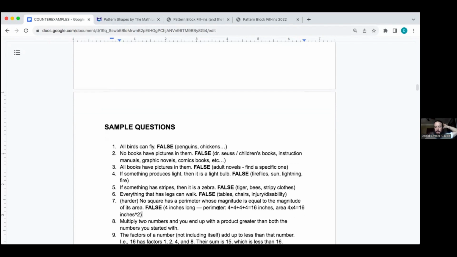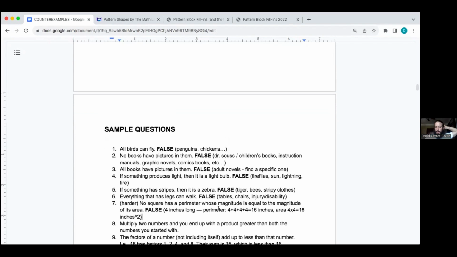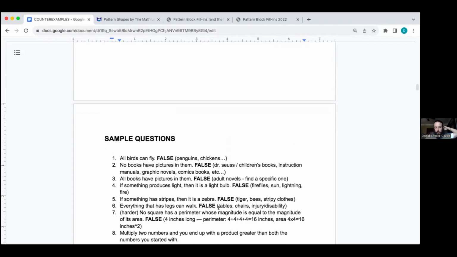Okay, let's maybe do a couple more. So let's do this one. Multiply two numbers, and you end with a product that's greater than both the numbers you started with.